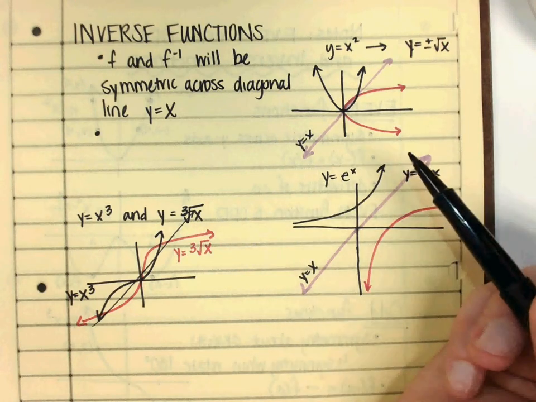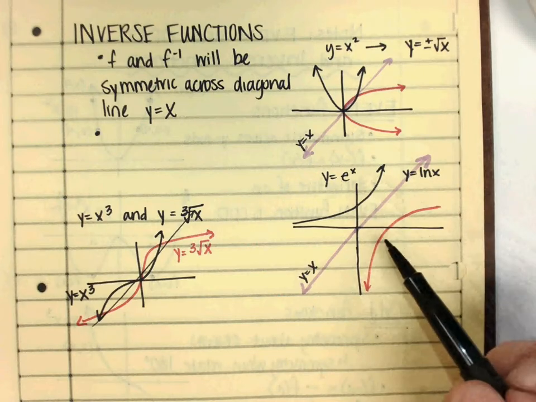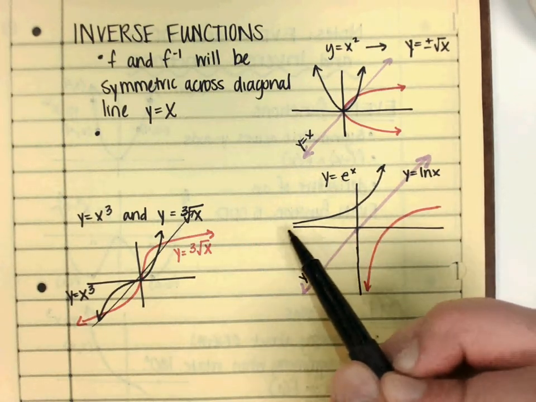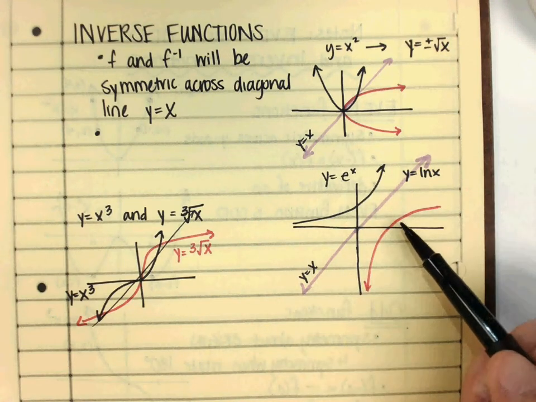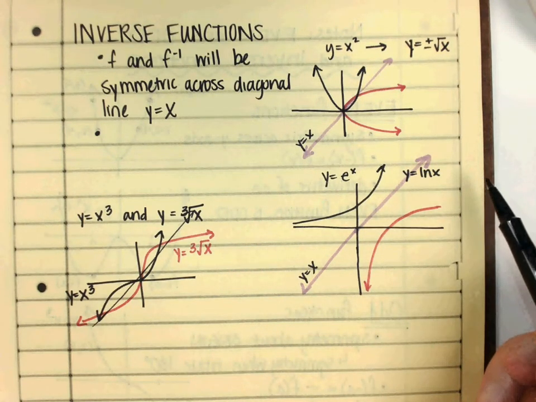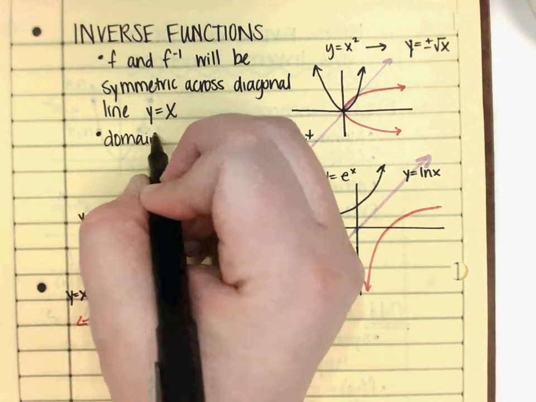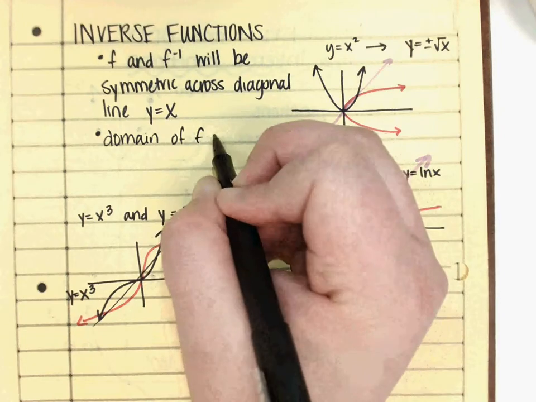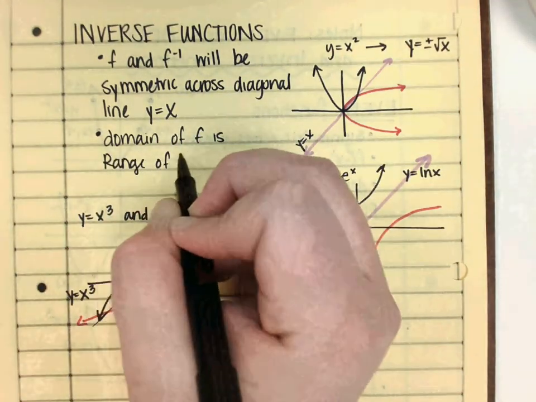So the domain of f turns into the range of the inverse. What about here? What's my range? 0 till infinity. What's my domain here? 0 till infinity. Okay? So the domain of f is the range of f inverse.